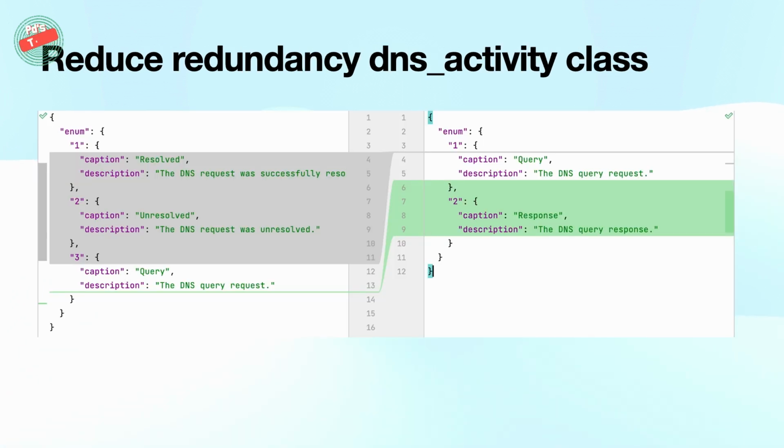This one basically involves reduction of redundancy in the DNS activity. So resolved and unresolved have been replaced with response. What I saw in the ticket was that there was discussion about altering the status ID to reflect this, using status ID to reflect whether the query is resolved or unresolved, or this response.